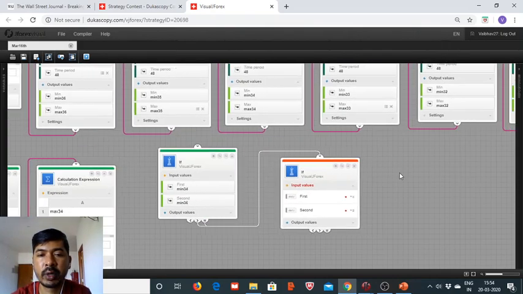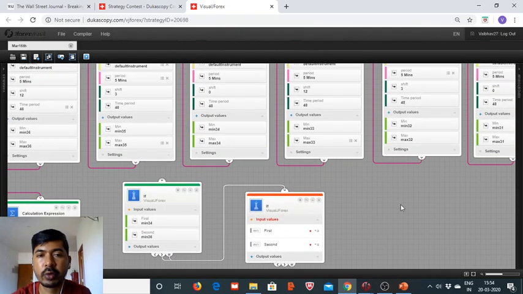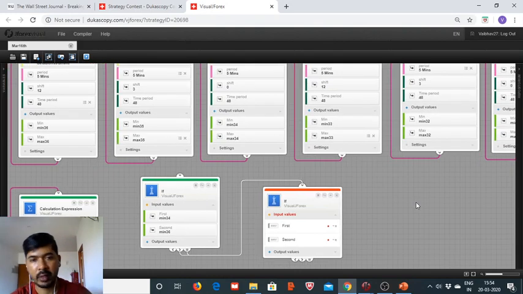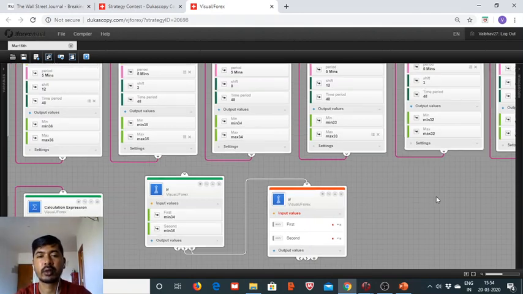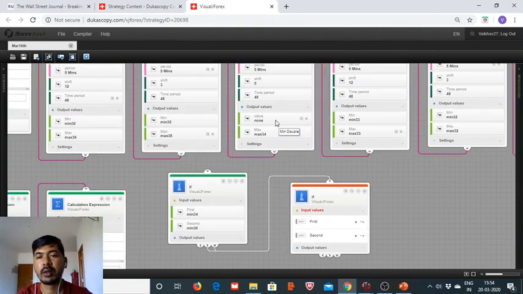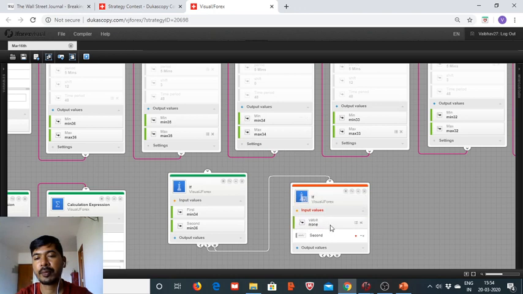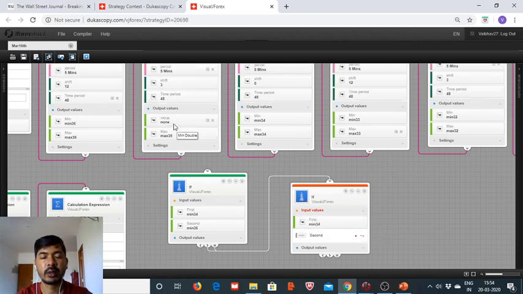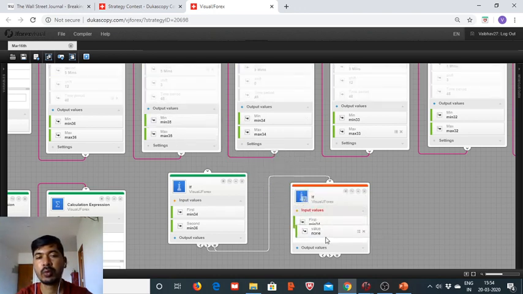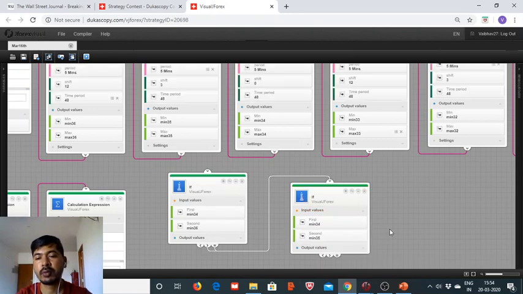And one more condition is we are also going to make sure that in the last 15 hours there should not have been any sharp move, and to make sure that is not the case, we want to bring in minima 30 should be equal to minima 35.